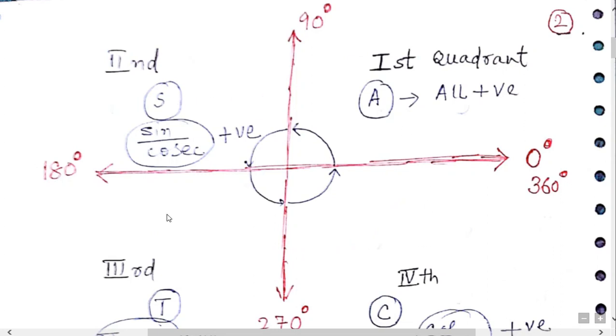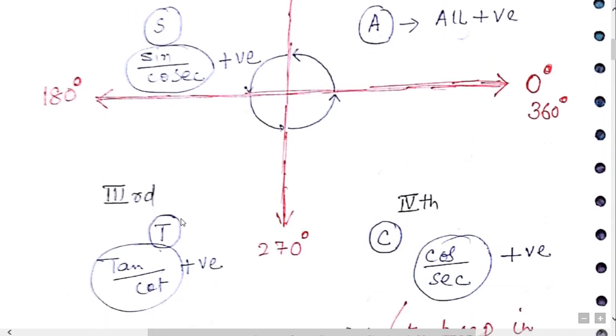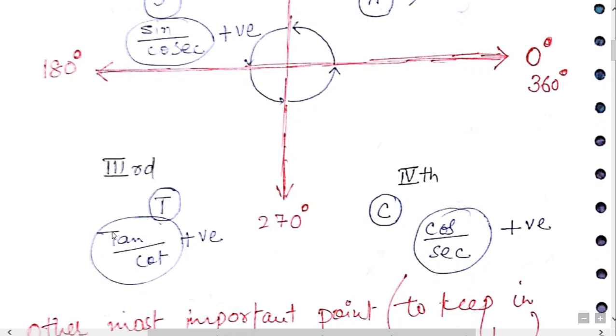Now what is the meaning of this ASTC? All Students Take Care. In this way you can learn: Add Sugar to Coffee. Now A stands for all positive, S stands for sine and cosecant, T stands for tangent and cot, and C stands for cos and secant.